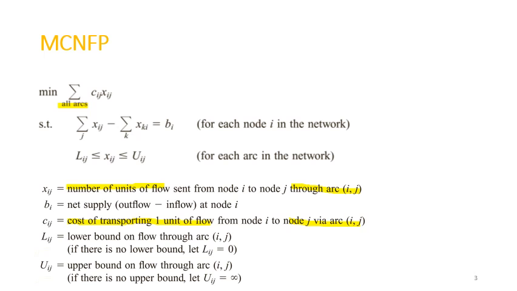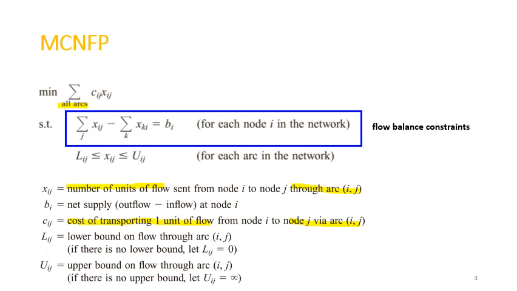Now we have two constraints here. The first constraint is called the flow balance constraint. Here, for each node in the network, we must make sure that all flows going out from that node minus all flows going in through the node must equal the net supply of that node.